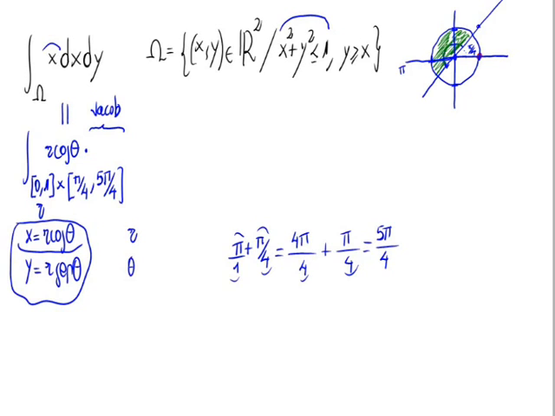In other videos, if you look for changing into polar coordinates, you will find how to calculate the Jacobian of this transformation, but we're not doing it here. I'm just telling you what it is. That is just multiplying by the radius r times the derivative of the radius and the derivative of the argument.